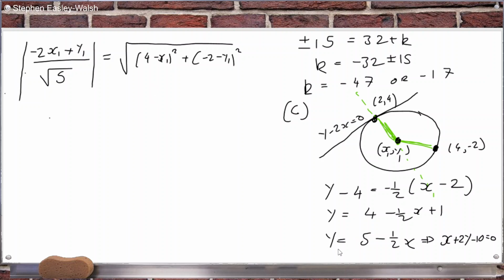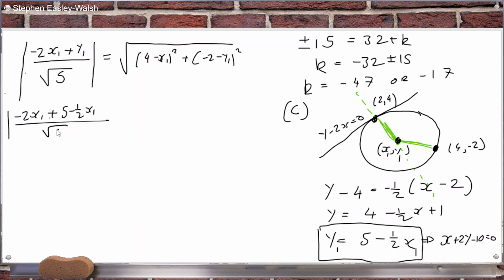And then we can use this fact here, y1 equals that. So I can, in theory, solve this for x1 and then have y1. So that's minus 2x1 plus 5 minus a half x1 over root 5. And then 4 minus x1 squared plus minus 2 minus y1, minus 5 plus a half x1 squared.